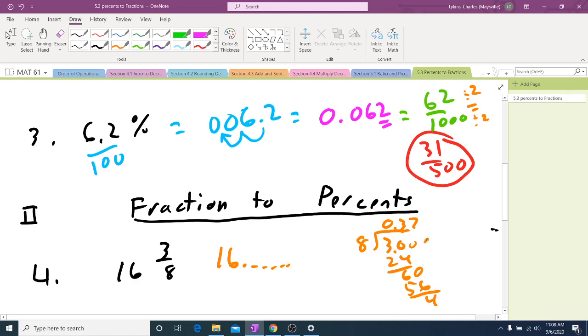Bring down my other 0, which is 5. So this would be 16,375. So then when we get to this point, that's when it's 16.375.